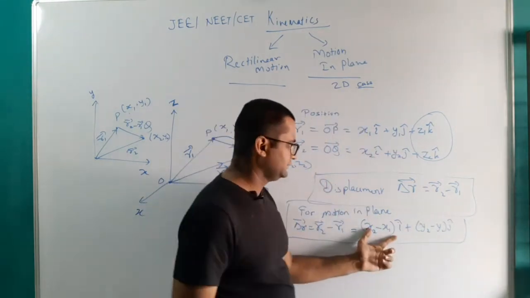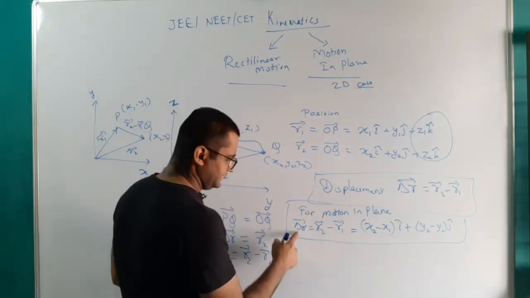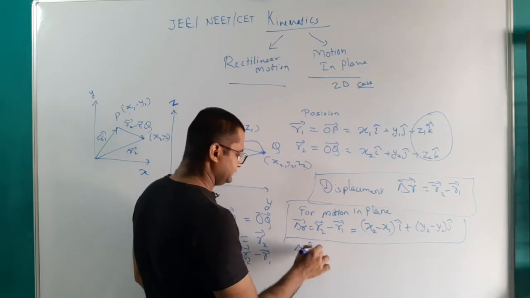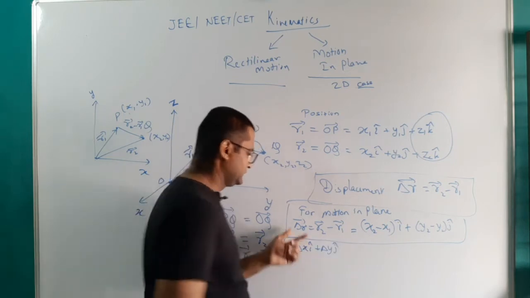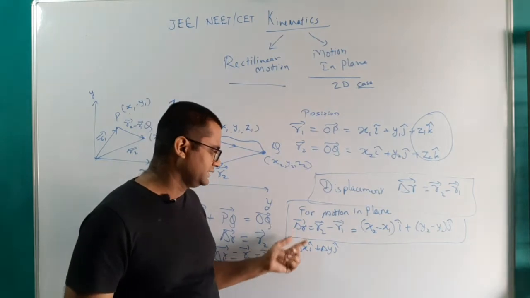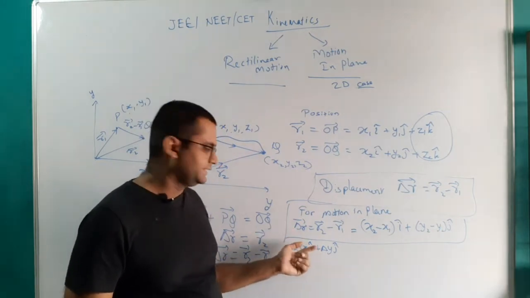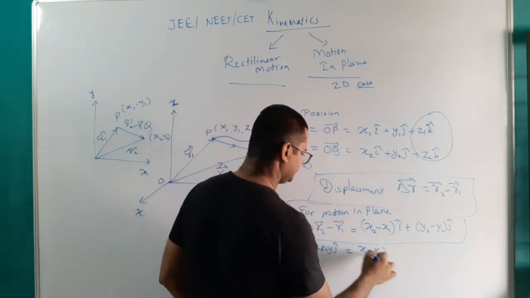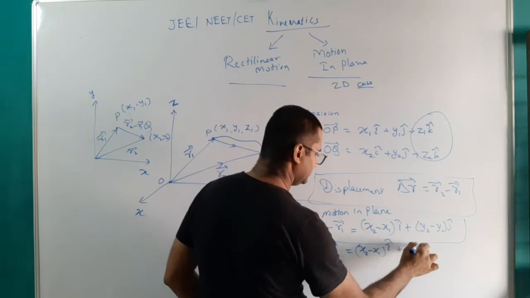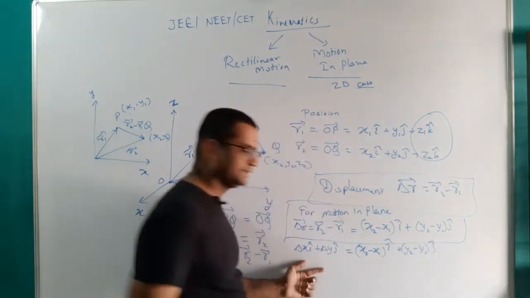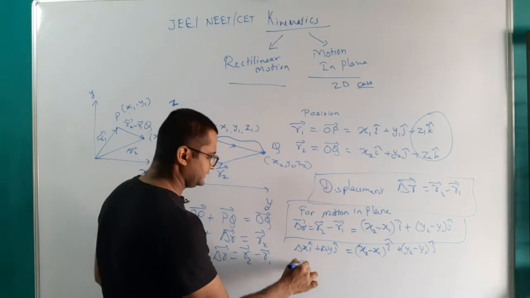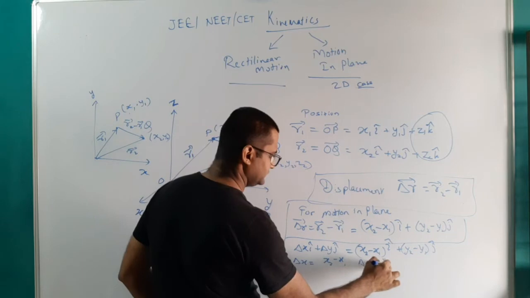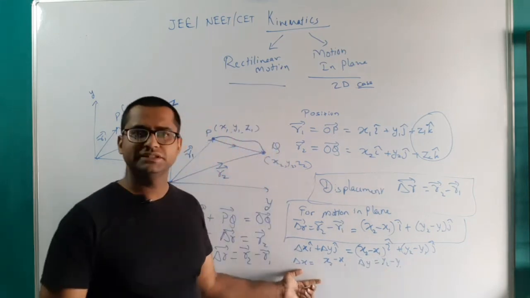If you look at this equation, you will come to know that since delta r is also a vector, we can write it as delta x i plus delta y j. Since r is also in the plane, we can write this as displacement in x i plus displacement in y j, equal to x2 minus x1 i plus y2 minus y1 j. So we can simply write delta x as x2 minus x1 and delta y as y2 minus y1. What is the conclusion from this equation?